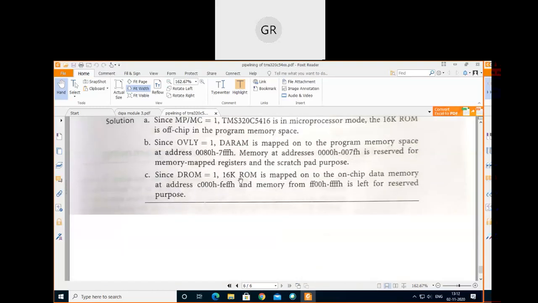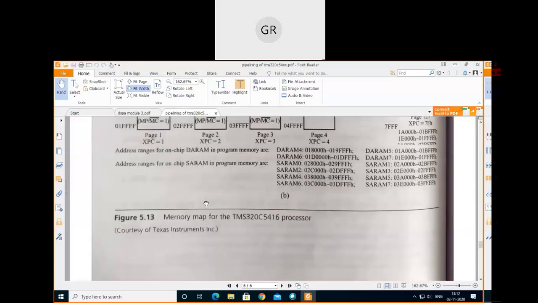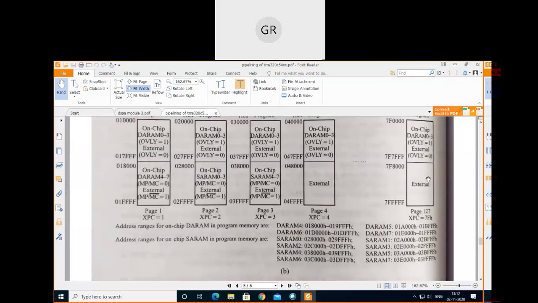And DROM equal to 1 means 16K ROM is mapped onto the on-chip data memory at addresses C000H to FEFFH, and memory from FF00H to FFFFH is left for reserved purpose. Some external purpose you can use it.